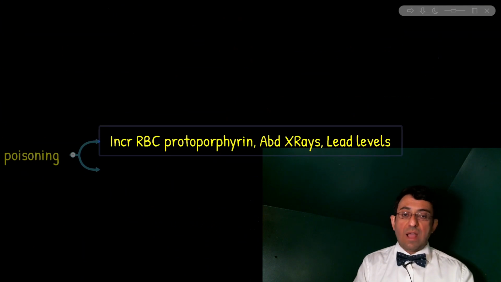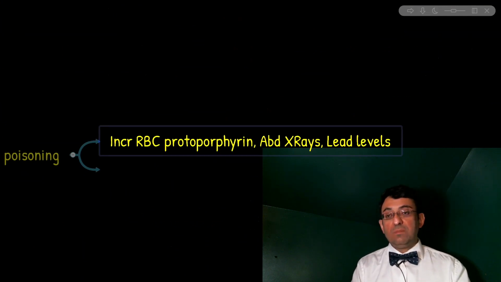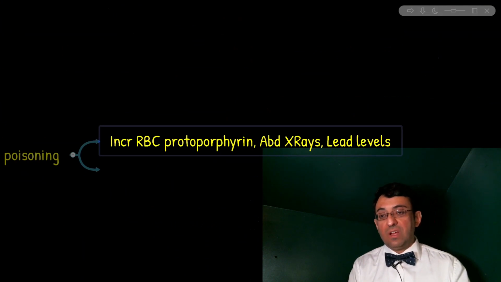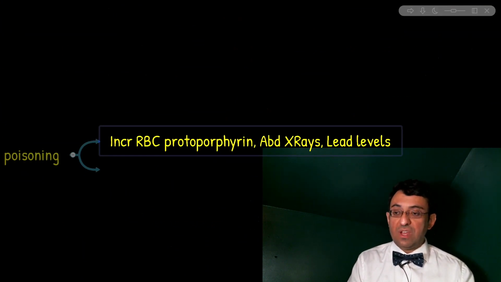We would order abdominal x-rays and lead levels, and as I mentioned in the beginning of the iron deficiency anemia episode, we have two important differential diagnoses for increased free erythrocyte protoporphyrin level. One is iron deficiency anemia and the other is sideroblastic anemia due to lead poisoning.